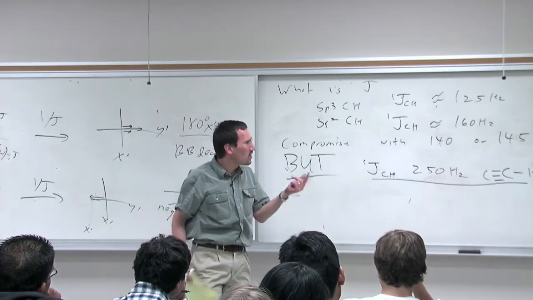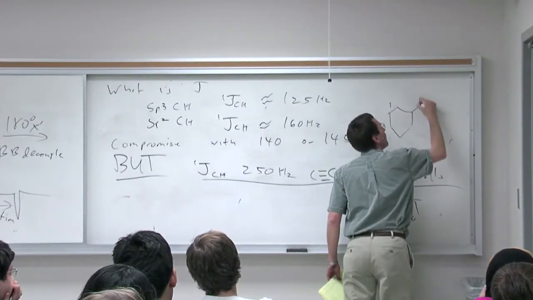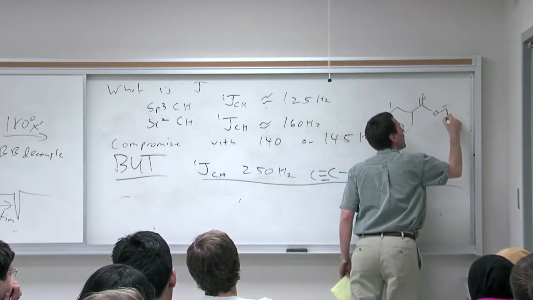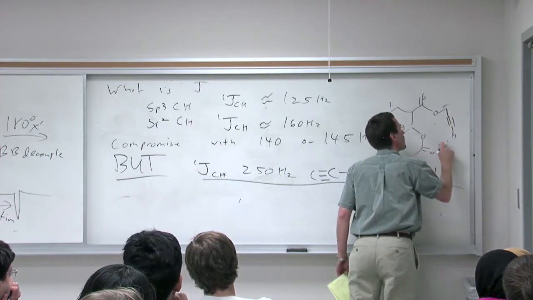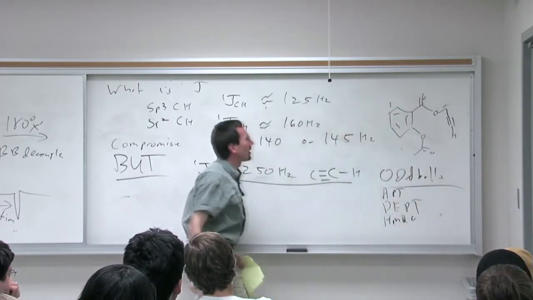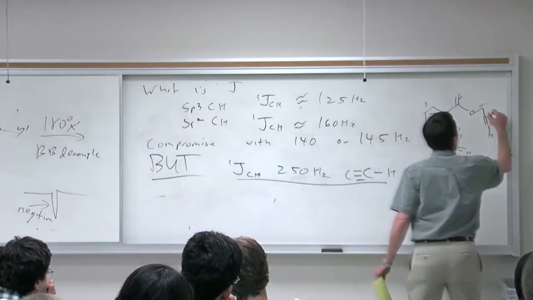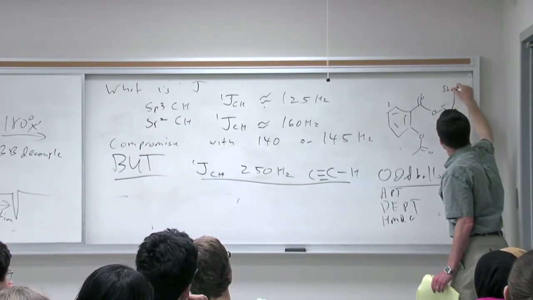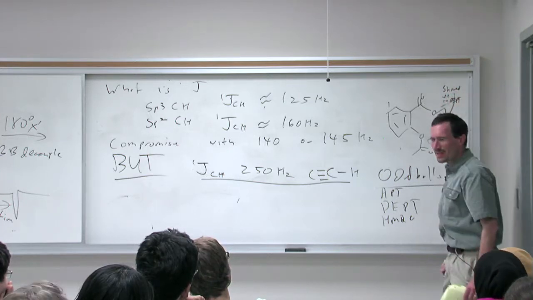Well, about 7 people took this problem on the exam. And sure enough, I put an X over it, but you may remember in the DEPT, this peak actually showed up, and I'm like, what the heck is going on?